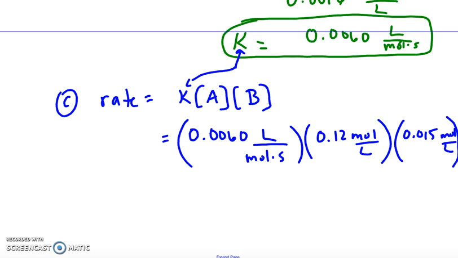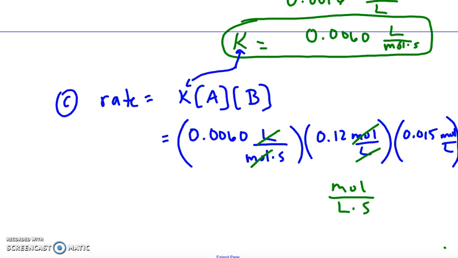All right, and so in terms of units canceling, the liters will cancel, the moles will cancel, and we will have the unit of moles per liter per second, which is just a perfectly fine rate unit. It's the concentration per second.